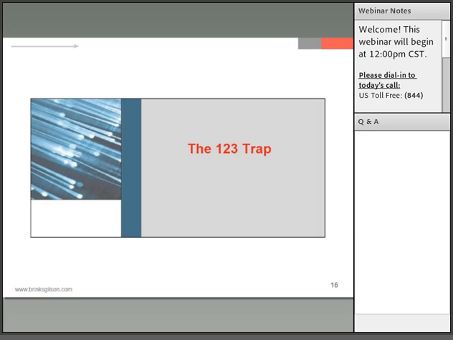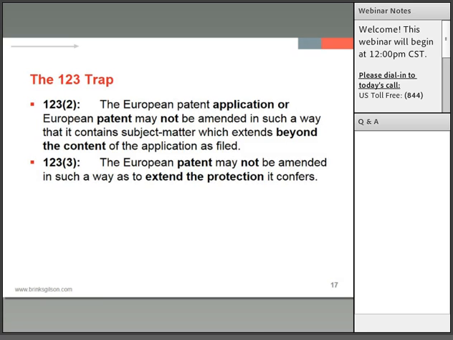So now we move to the 1, 2, 3 trap. It's a trap. It is the interplay between Article 123.2, which is reproduced here, and Article 123.3. So 123.2, as we had before, the application or the patent may not be amended in such a way that the subject matter extends beyond the content of the application as filed.